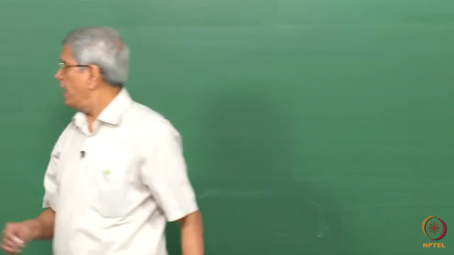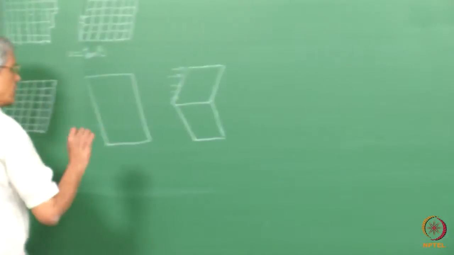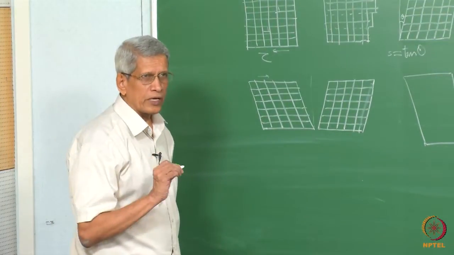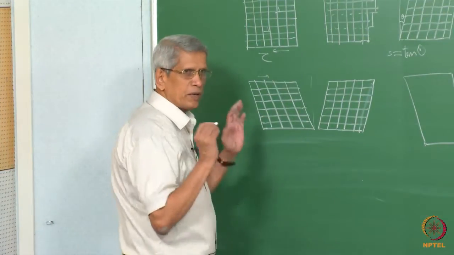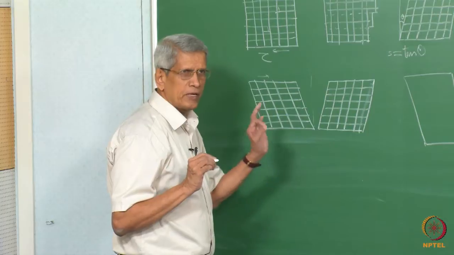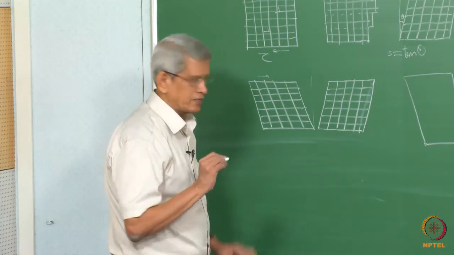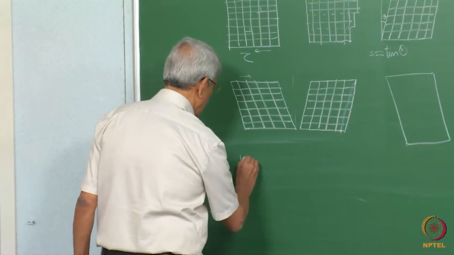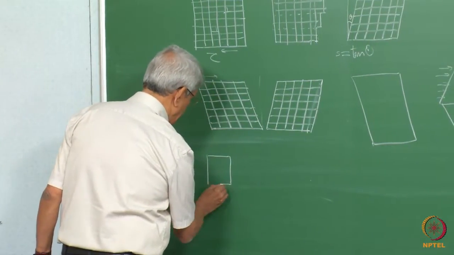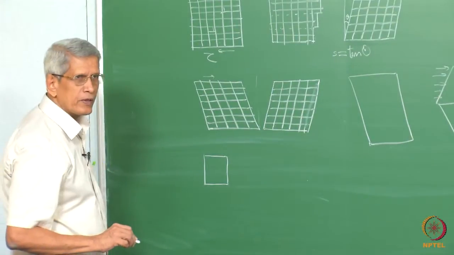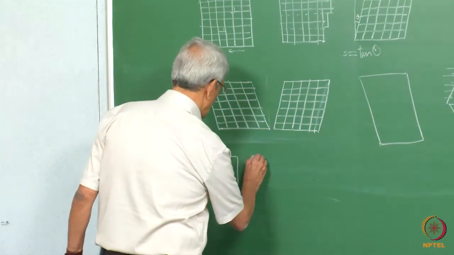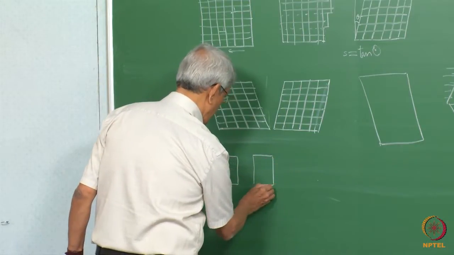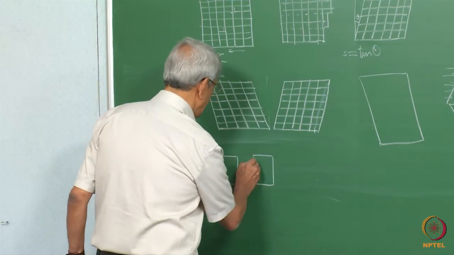And let us assume that during this transformation, the a lattice parameter remains the same, a and b, and the c lattice parameter has increased. Then if we just look at a two-dimensional analog, initially which is essentially an FCC structure, it has now become slightly elongated. This is the c direction.